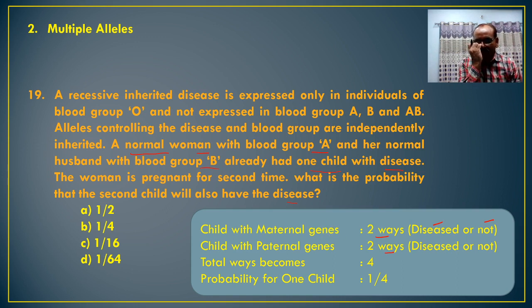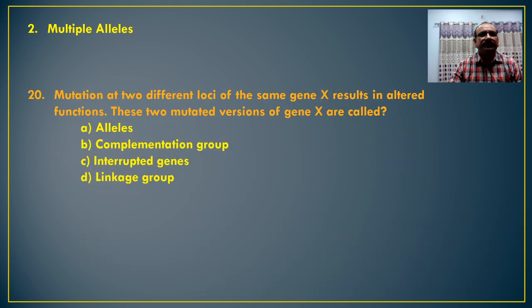There are two ways each, and the total becomes four ways of the production. The question is asked for one child, and hence the answer becomes 1:4. So here B will be the answer.